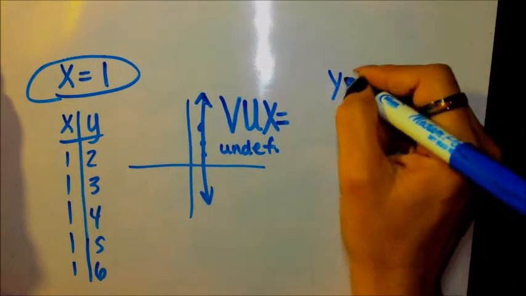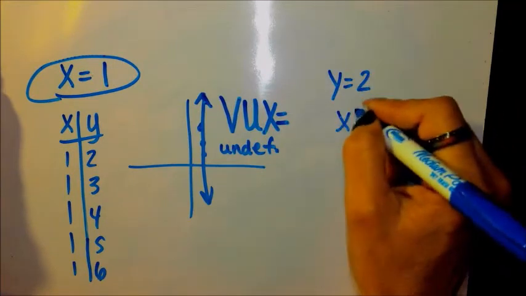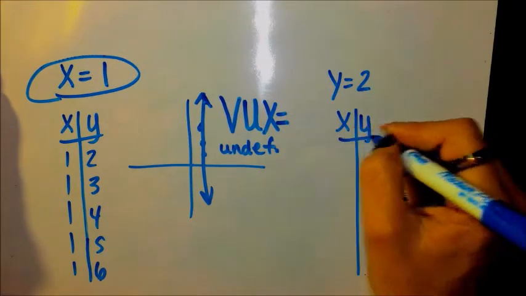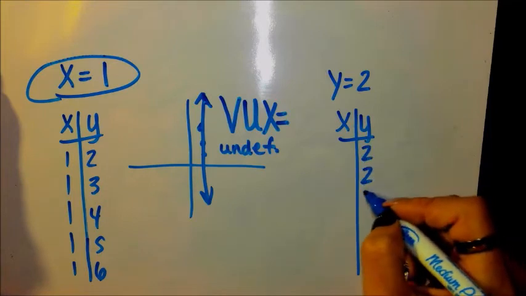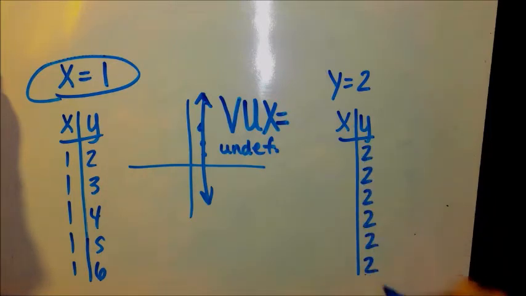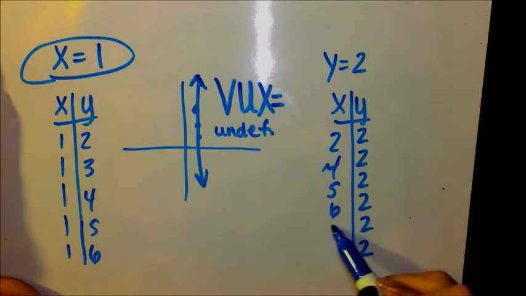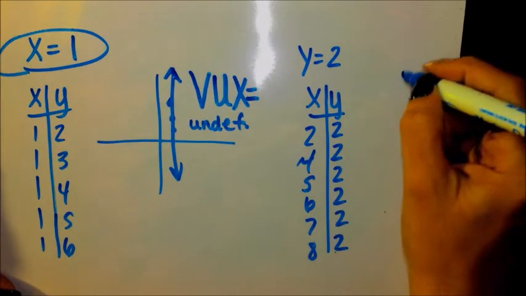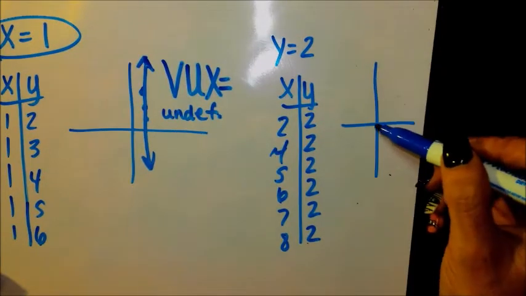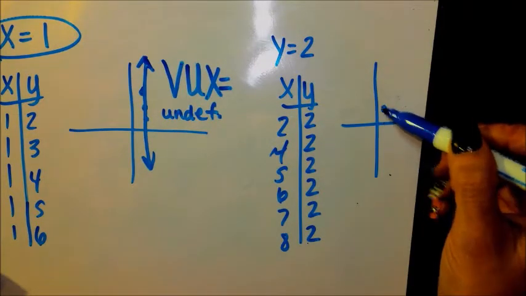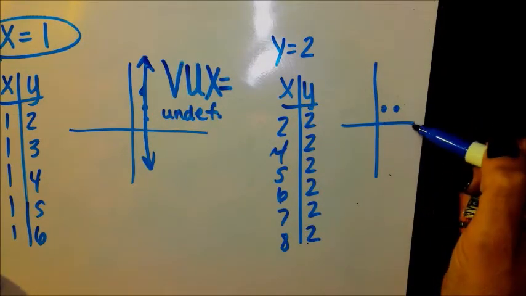Okay, so let's do the opposite. Y equals 2. That means that y is stuck and it's 2, 2, 2, 2. It's buffering. So that means x can be whatever we want it to be. It doesn't matter. If I were to graph this, I would go over 2, up 2, over 4, up 2, over 5, up 2.